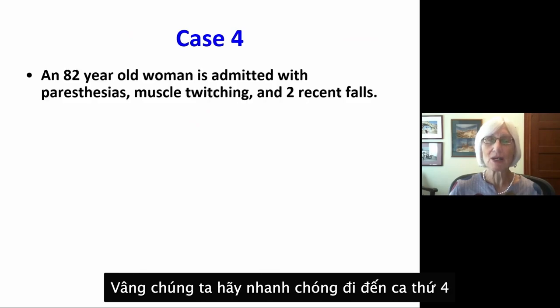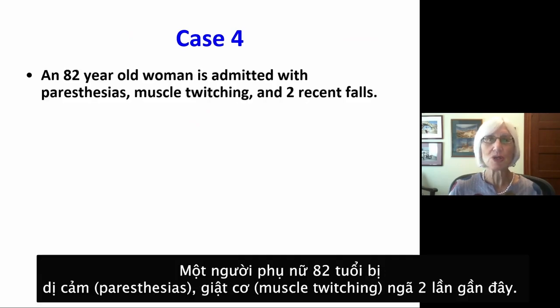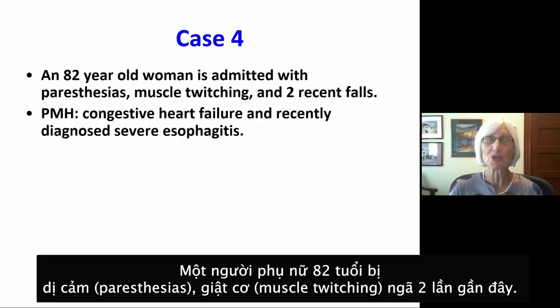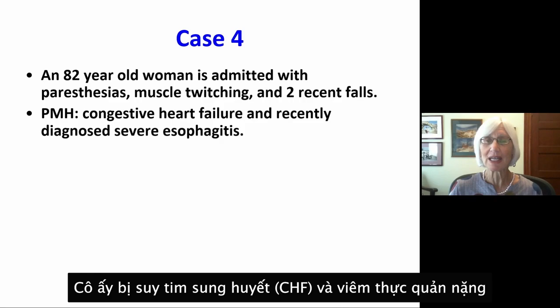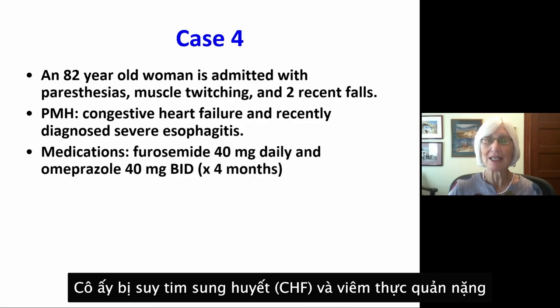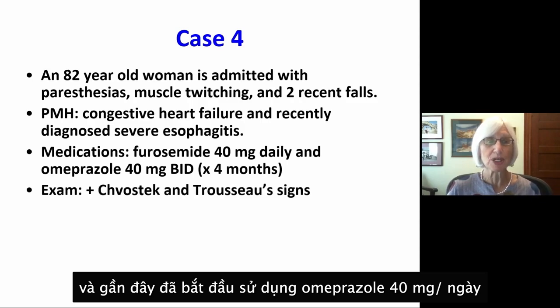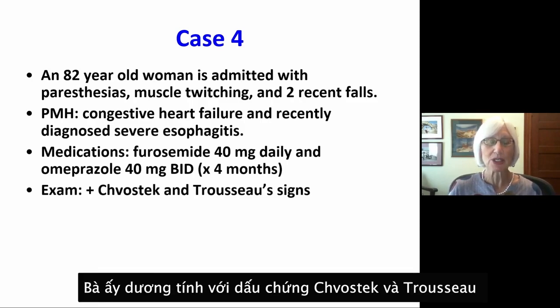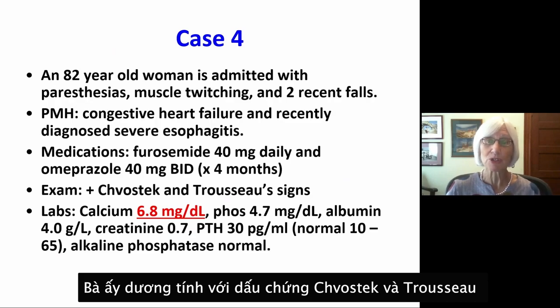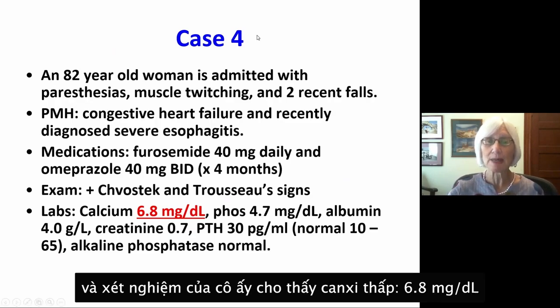So let's quickly go to case 4, an 82-year-old woman with paresthesias, muscle twitching, 2 recent falls. She has CHF and severe esophagitis. She is on furosemide and recently started omeprazole, 40 milligrams a day. She has positive Chvostek and Trousseau signs, and her labs show a calcium that's low, 6.8.